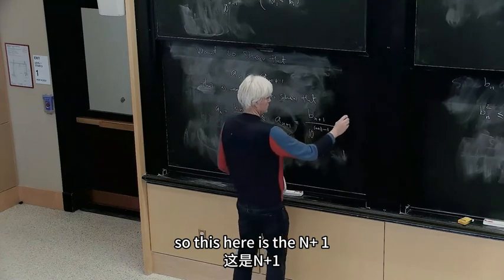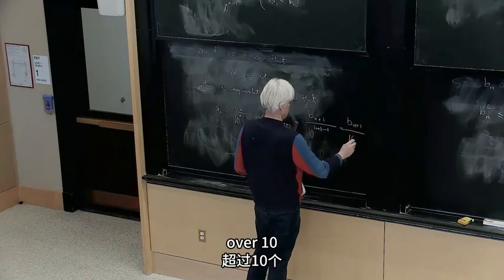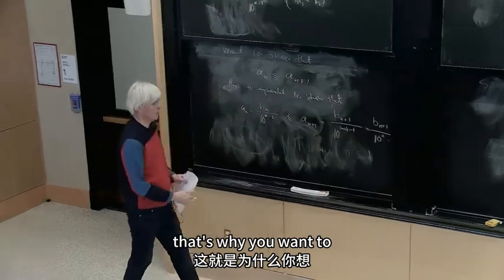So this is Bn plus 1 over 10 to the power n. That's what you want to prove.